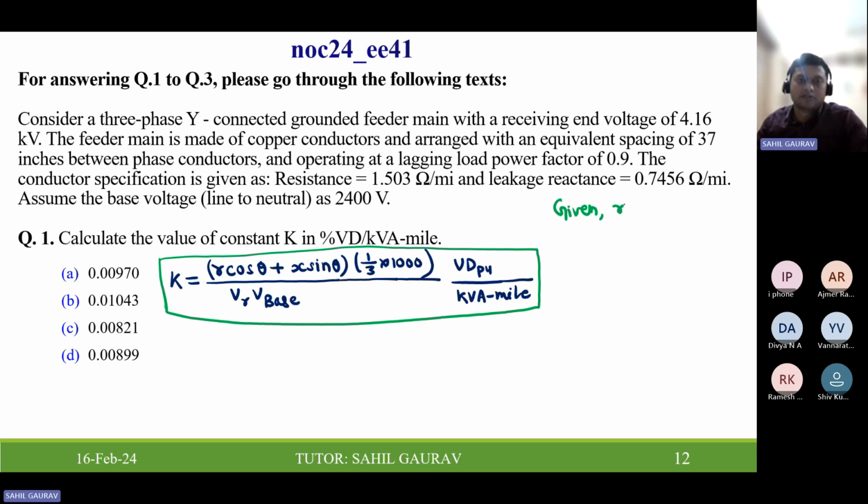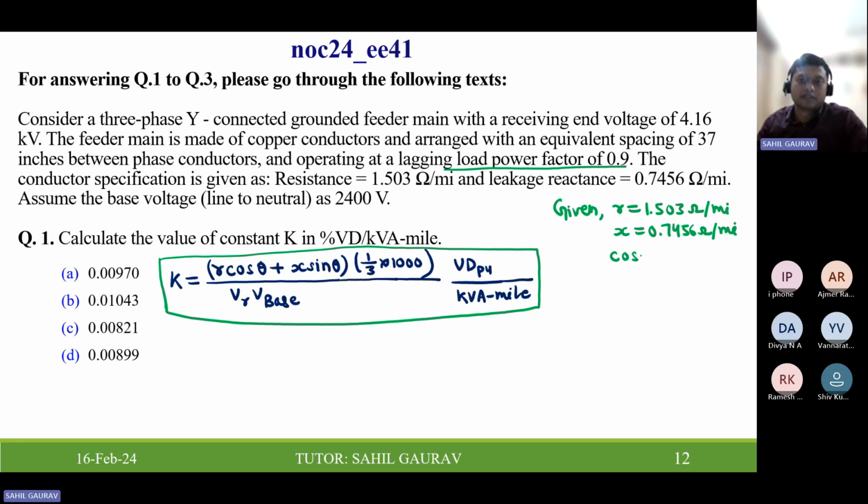R equal to 1.503 ohm per mile and X is given as 0.7456 ohm per mile. Now cos theta is given as lagging load power factor of 0.9.